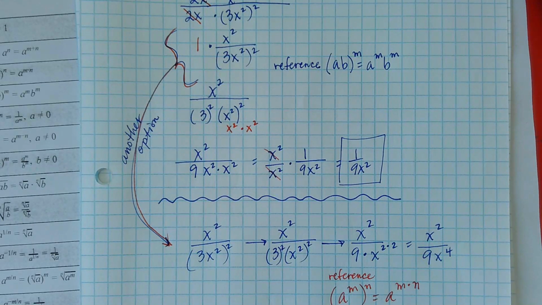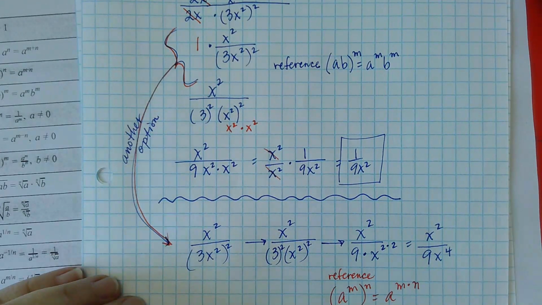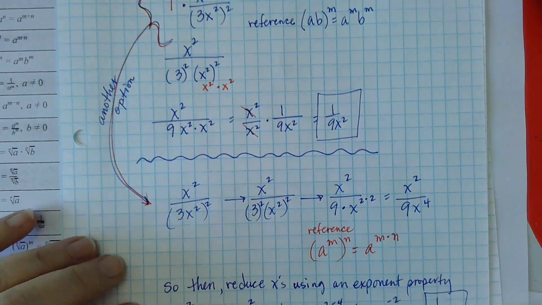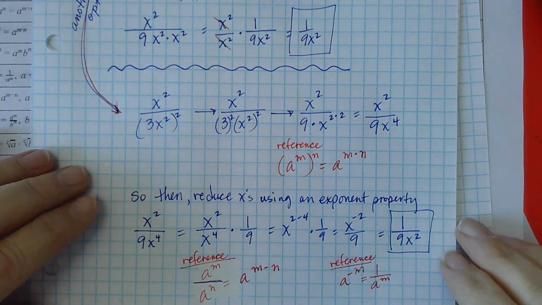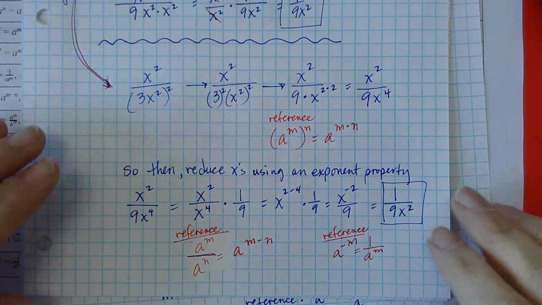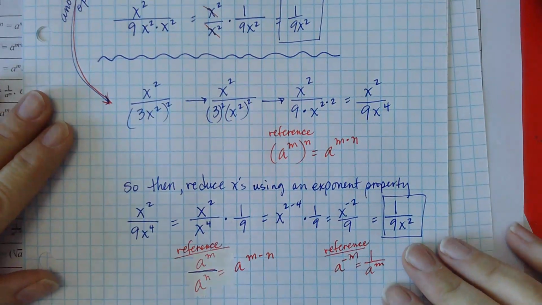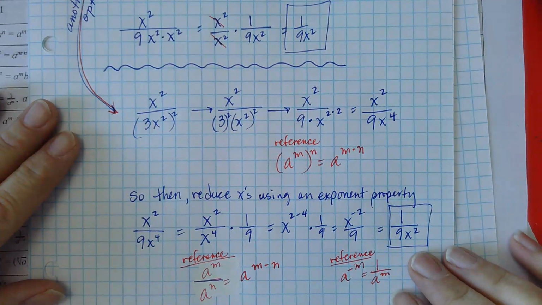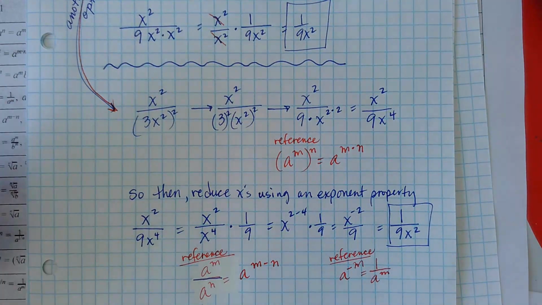Just for comparison and to prove that you can work these out and simplify in different orders and different ways and still get the same result, I used different exponent properties. I wrote which properties I used, and I still got the same result.